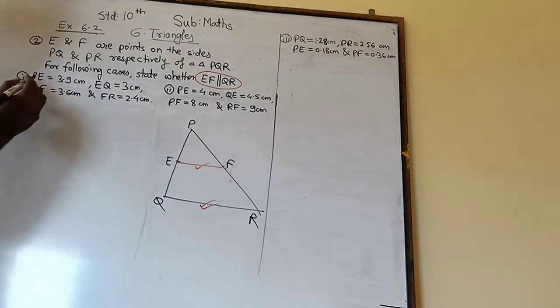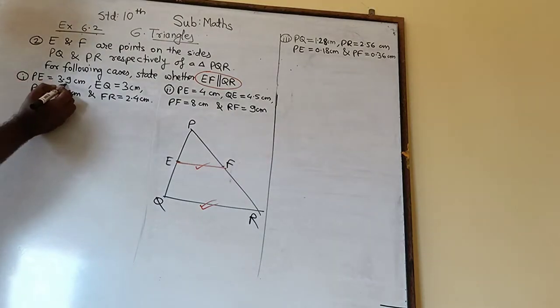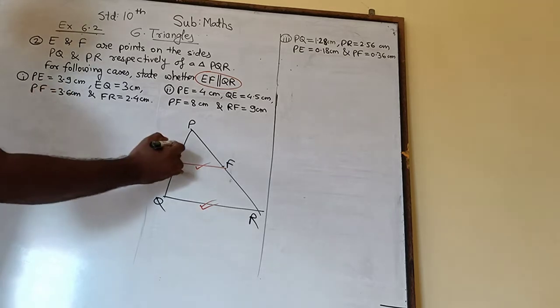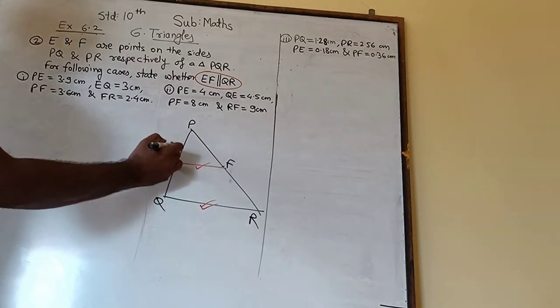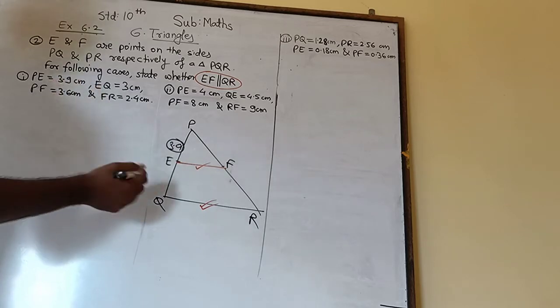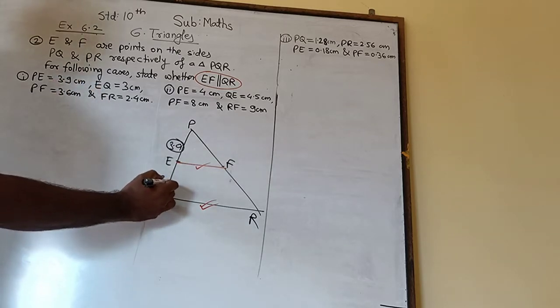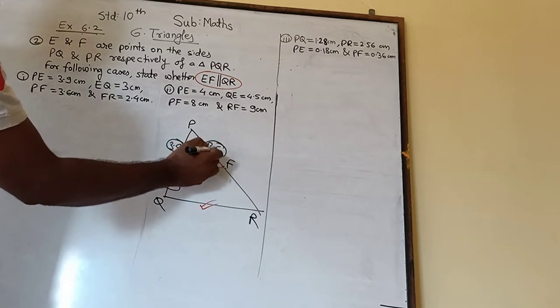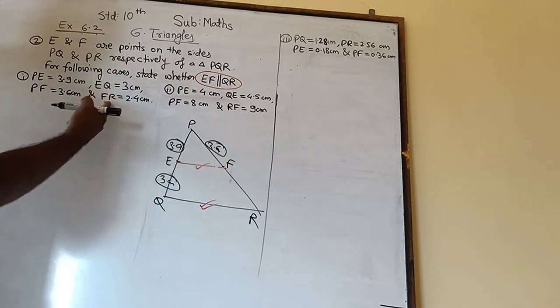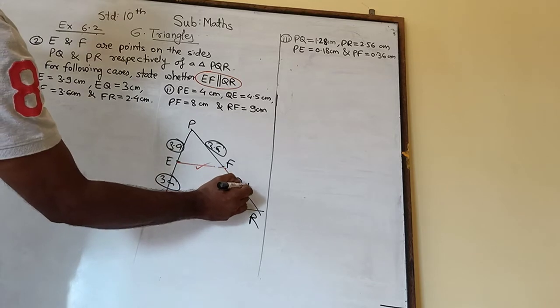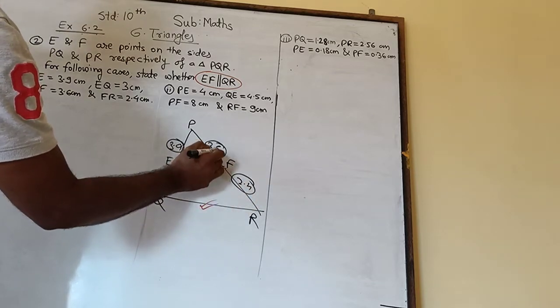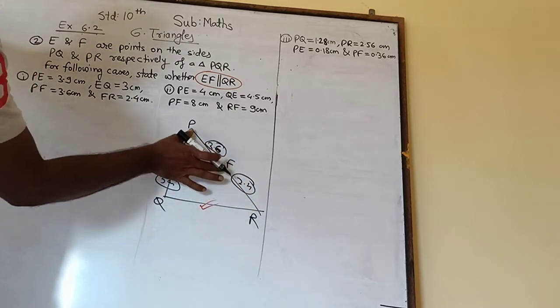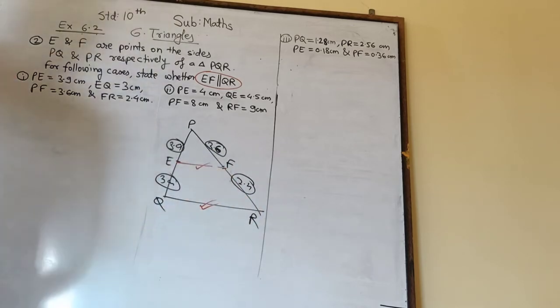What is given students? PE equals 3.9, EQ is 3, PF is 3.6, and FR is 2.4. That means students, we have been given these segment lengths.